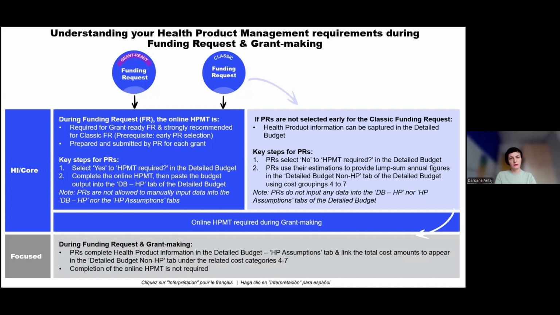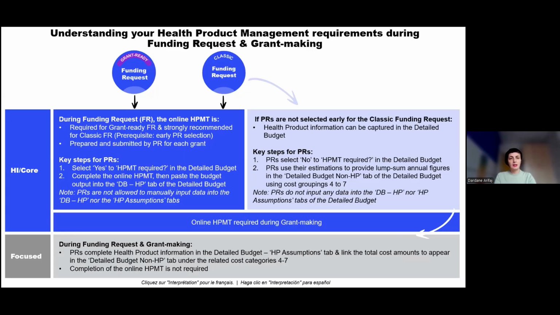One is grant ready, which we hope the majority of grants will be submitted in that format. And one is classic. For the grant ready funding request, the submission of the HPMT is mandatory. So it's non-negotiable. When you submit, you need to submit the HPMT, and it's a prerequisite.